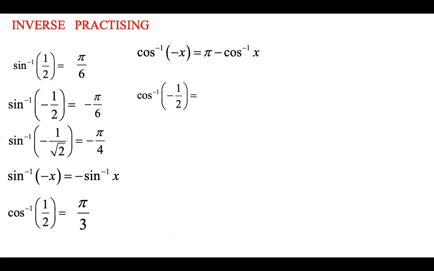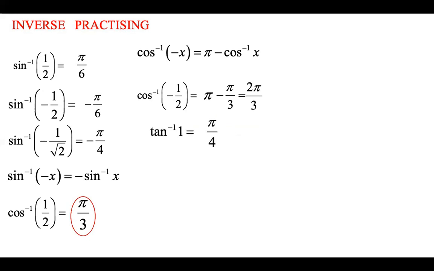Suppose I want cos inverse of minus 1 by 2. To calculate that, first you write pi, then without the minus sign, cos inverse 1 by 2 is pi by 3. This pi by 3 must be subtracted from that pi, it will become 2 pi by 3. So these things must become a habit.